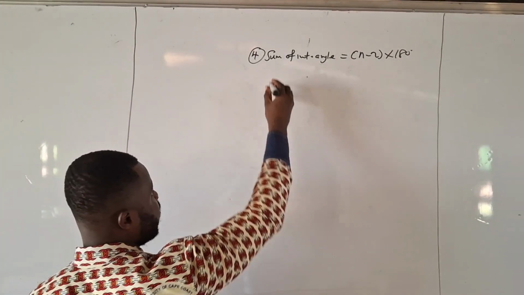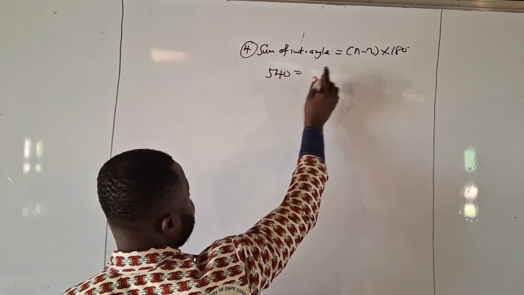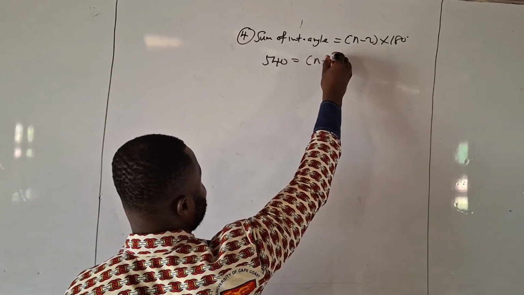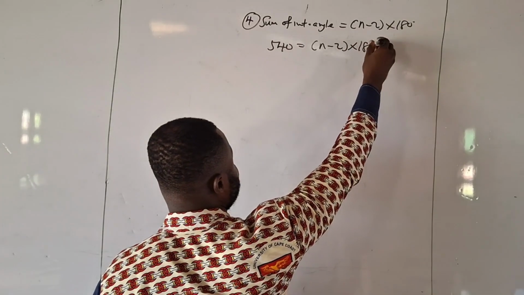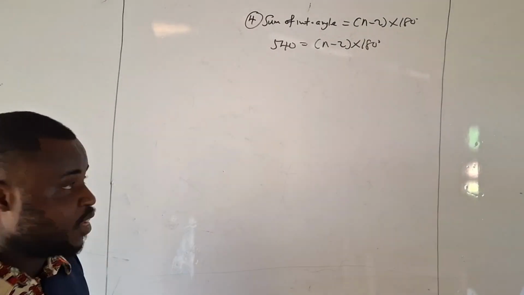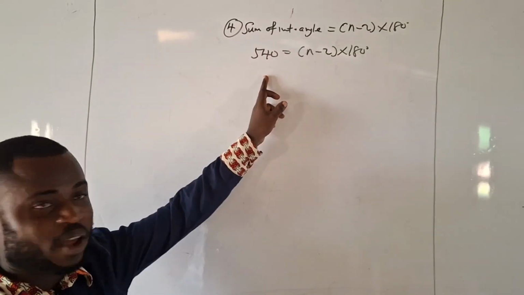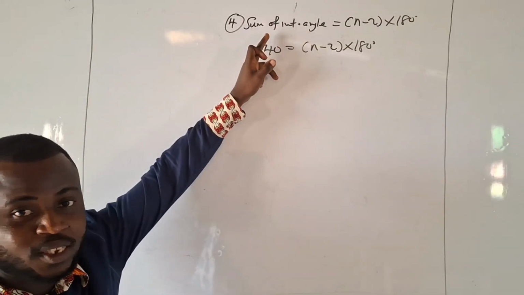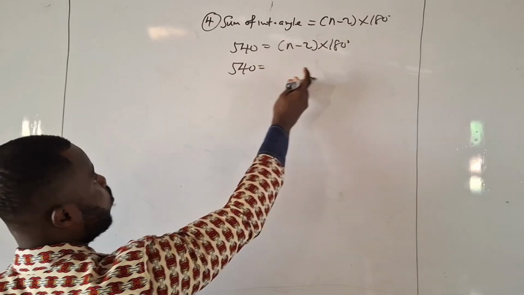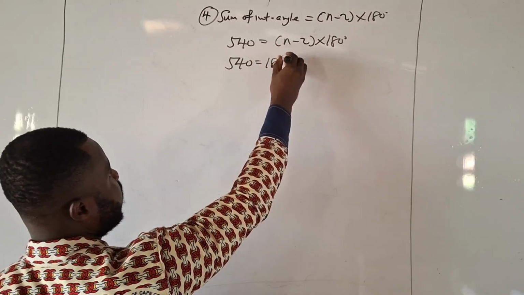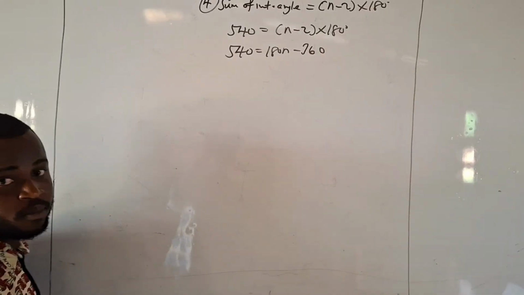And they have given the sum of interior angles as 540, which is equal to n minus 2 times 180. Here we are going to find n. You just replace it, then you solve for n. So here you are going to have 540 is equal to 180n minus 360.